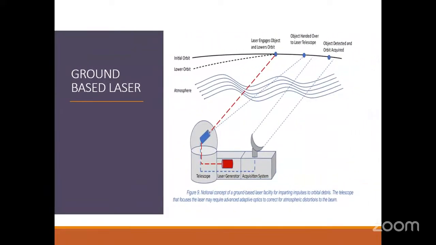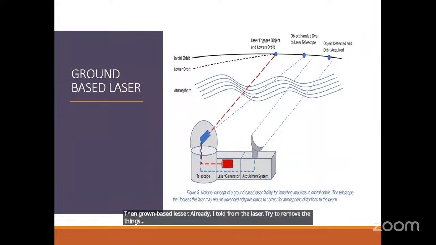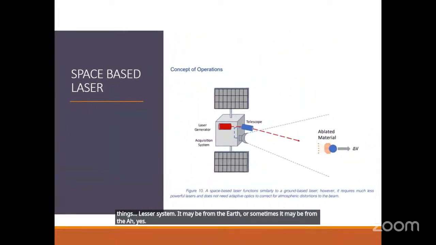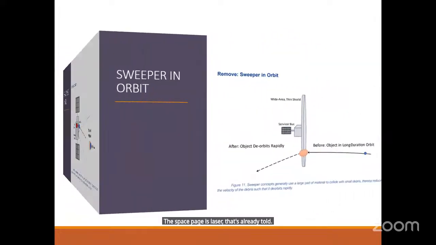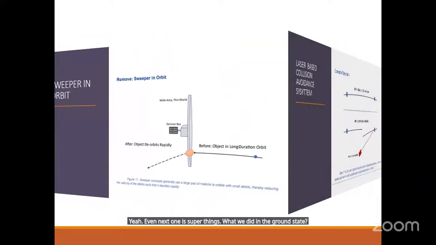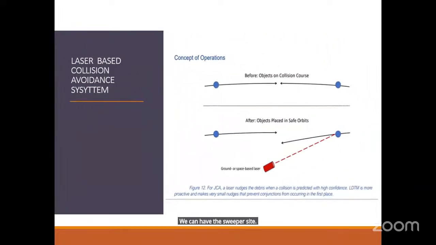Then the ground based laser, as I already told, a laser system to try to remove things. It may be from the Earth, or sometimes from the ISS. The space based laser I already told about, and it is even easy to burn the debris. Next is the sweeper. What we did on the ground side, we can also have a sweeper. Then there is the laser wait coins award system.